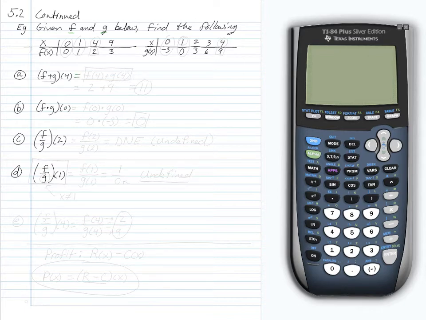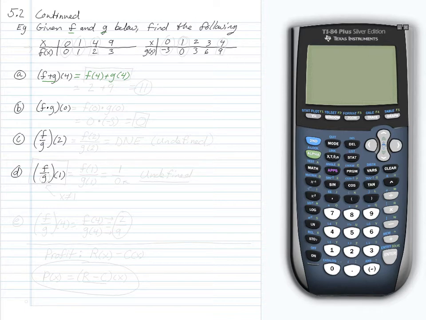So f plus g of 4, I can think of that. I don't know what the function f plus g is, so I'm going to have to think of this as f of 4 plus g of 4. Now I have tables to tell me exactly what f of 4 would be.